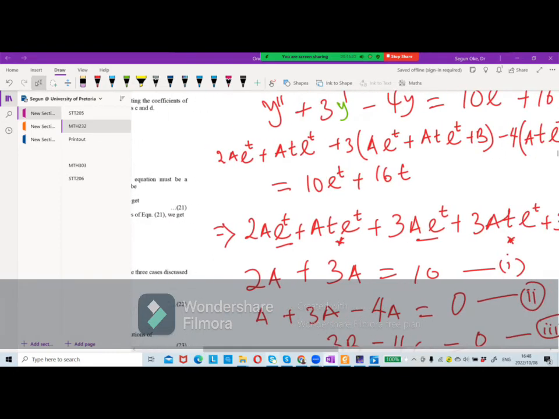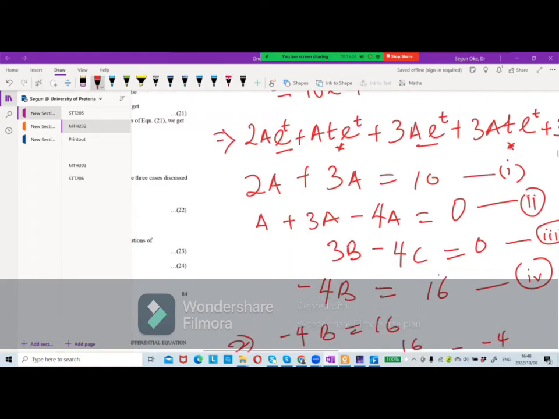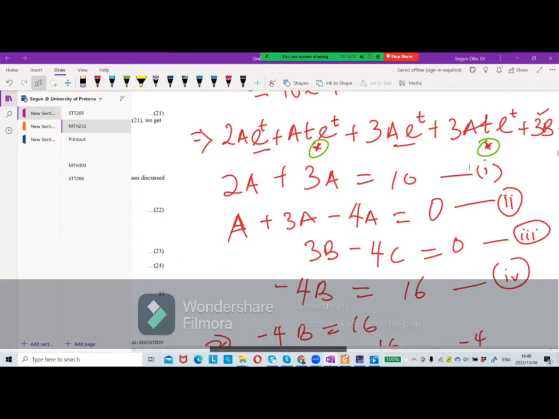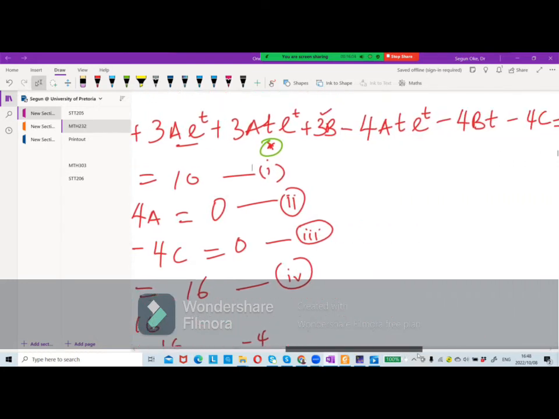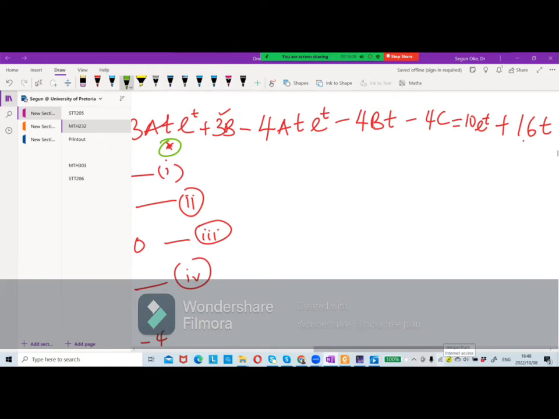Then the second one is those that have at exponential t. 1a has it, 3a also has it, and 4a also has it.